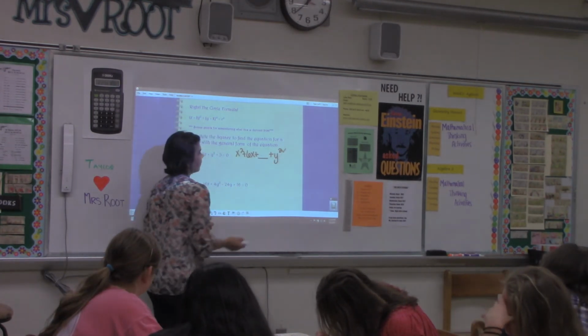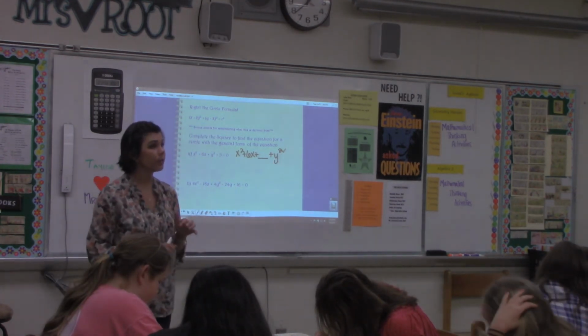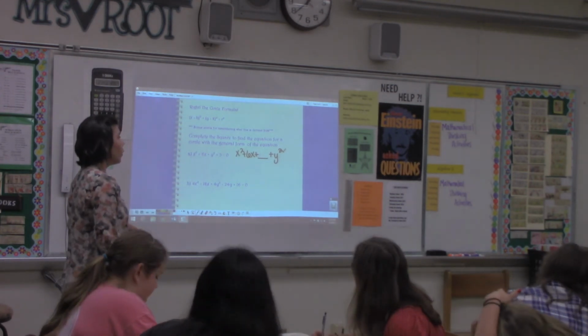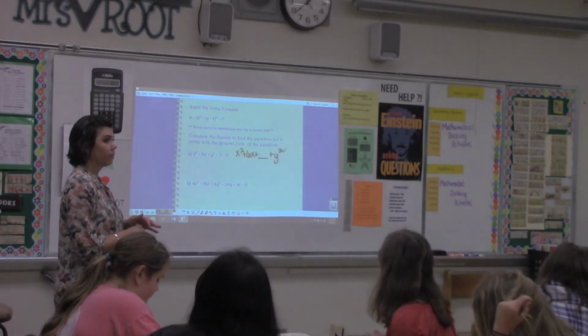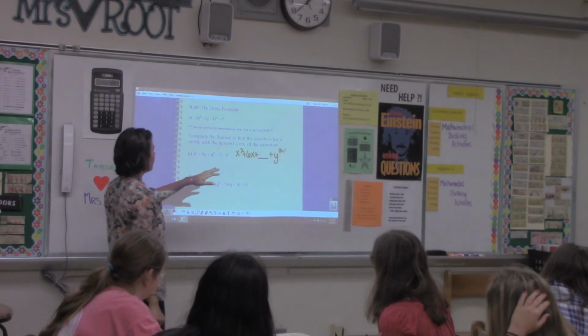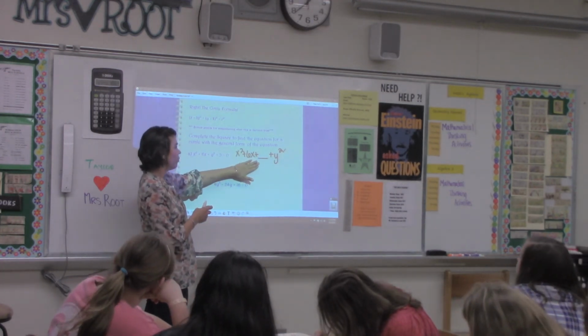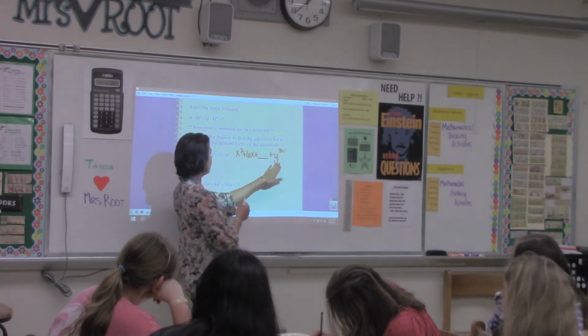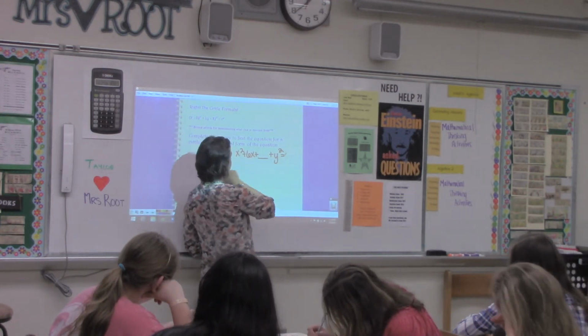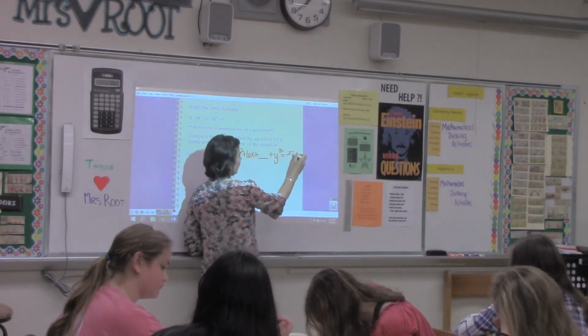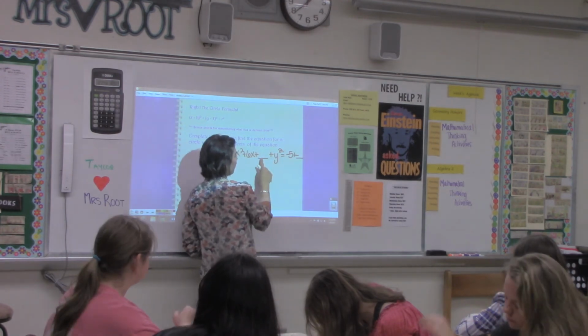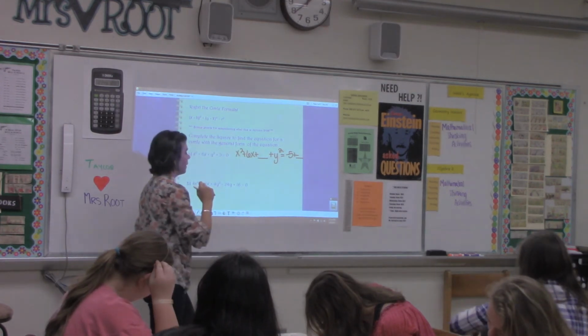Do we have to complete the square there? No, I don't think so, right? We don't have to, because there's no bx term. So we're just going to put plus y squared equals, moving that 5, negative 5 plus blank. Since we filled a blank in here, we're going to put that there as well.